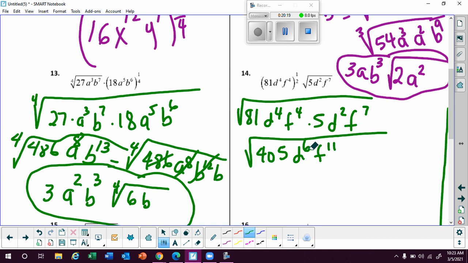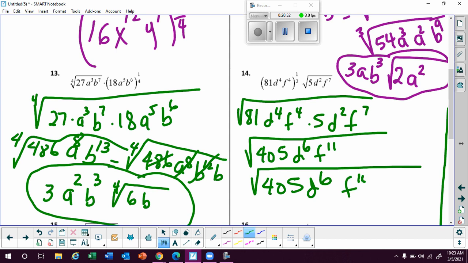I know d to the power of 6 is divisible by 2, but not my f. I can write it as f to the 10th and f to the 1st. Combined, it gives you f to the 11th, but now 10 I can divide.